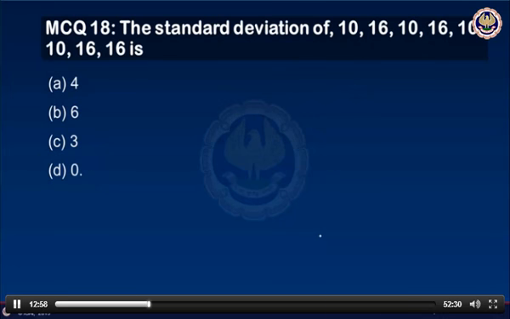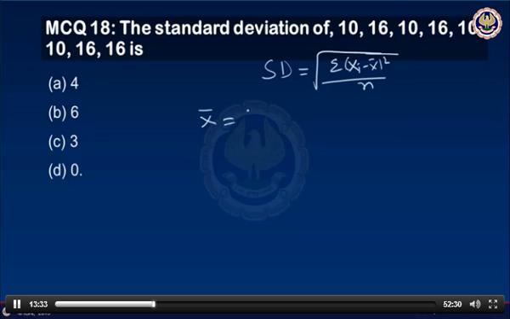The standard deviation of 10, 16, 10, 16, 10, 10, 16 and 16 is, we have to compute for this data. Before computing the standard deviation, first we have to know the formula for the standard deviation: square root of summation of xi minus x bar whole square by n. First we have to compute the mean of these observations, that is, sum of the observations by number of observations.